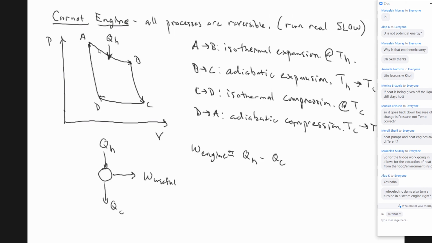And to get thermal efficiency, it's simply the work that we get out of it, work done by the engine, divided by the amount of energy that we put in, the heat hot. So we know that it's Q hot minus Q cold all over Q hot.